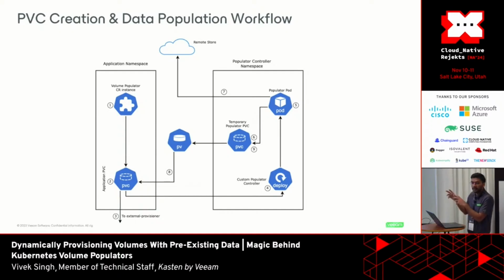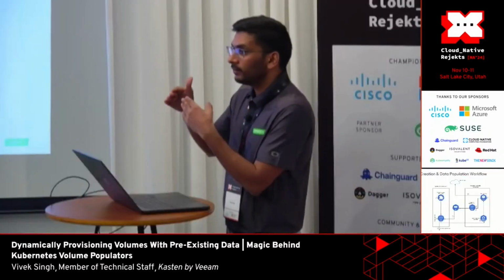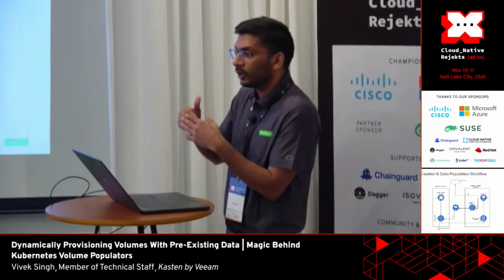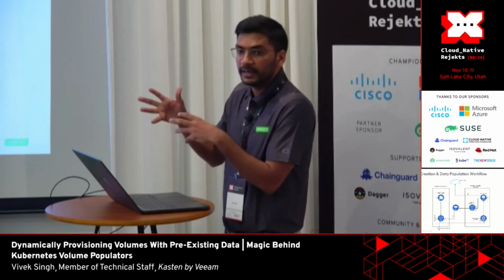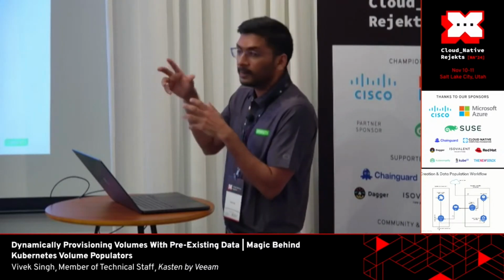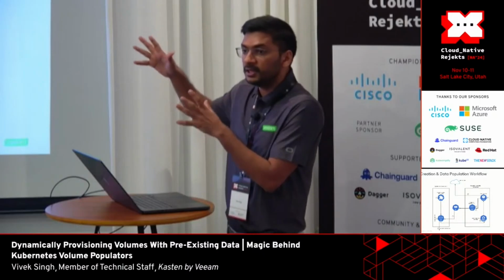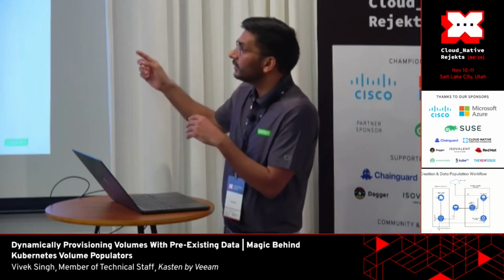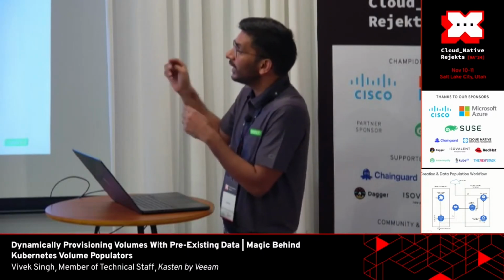And this is where the most important part comes in. This new populator pod that gets created is actually going to download or populate the data into the PVC, right? So, for example, in the case of the generic HTTP populator, we are planning to populate the data from an HTTP endpoint. So the populator pod is going to make an HTTP request to that endpoint, download the data, and write it to the PVC.